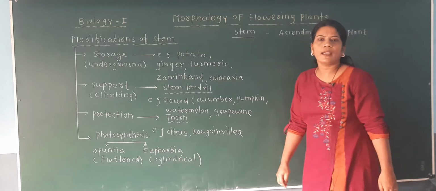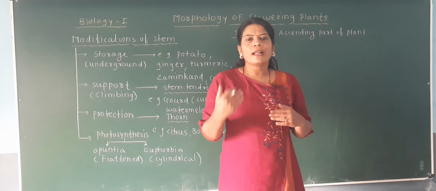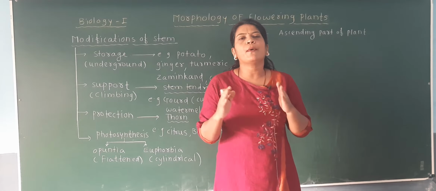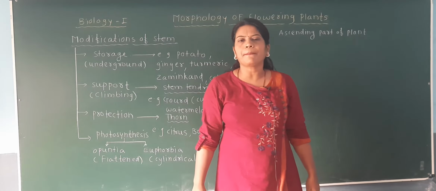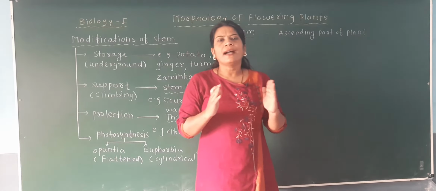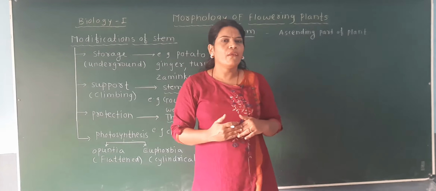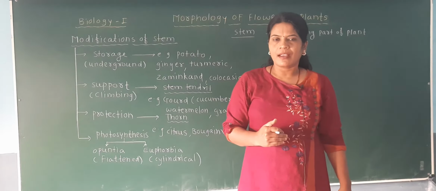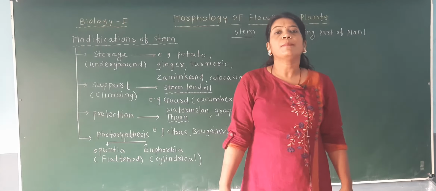Now we have also seen that there are some important characteristics of the stem. Stems are always green in color when present in a young stage, but later on they become brown in color.